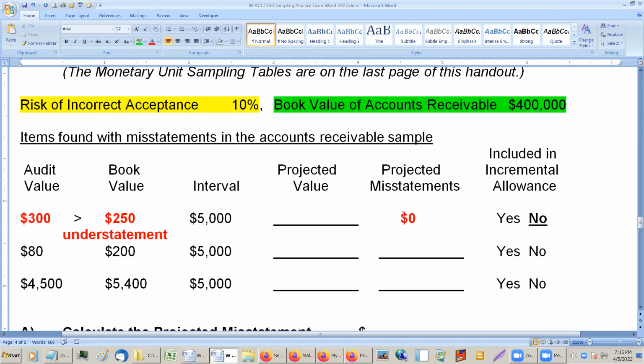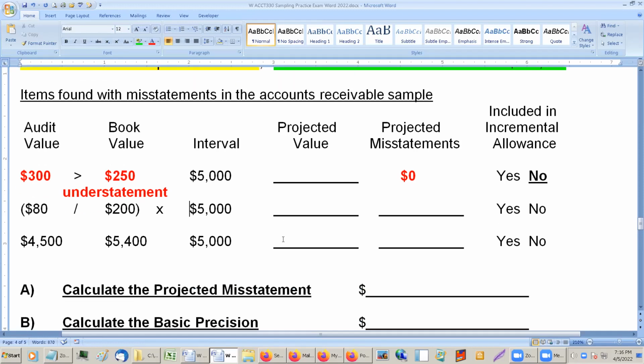Okay, the next one is a more run-of-the-mill one. We're going to take these 2 items. You'll notice that this is an overstatement. So 80 divided by 200 times our interval, and this will give us our projected value.